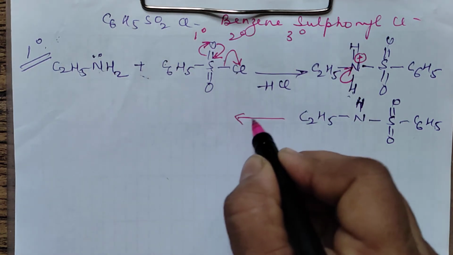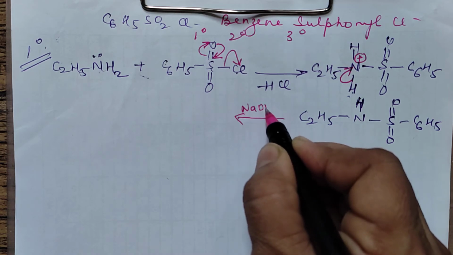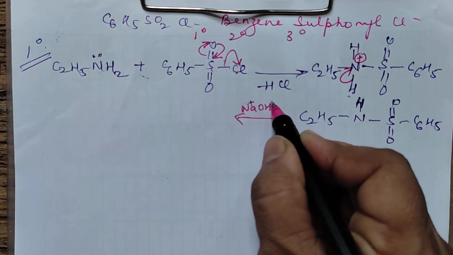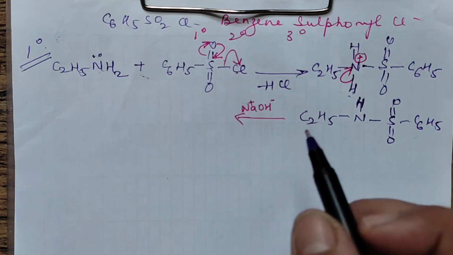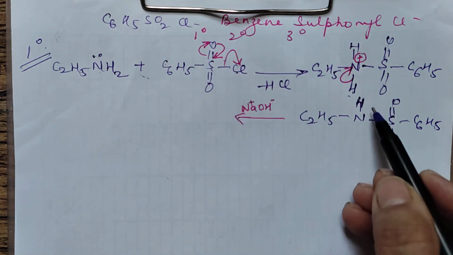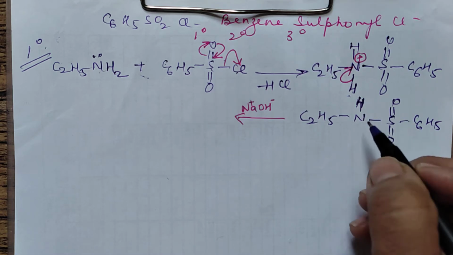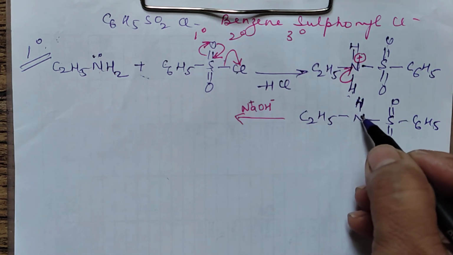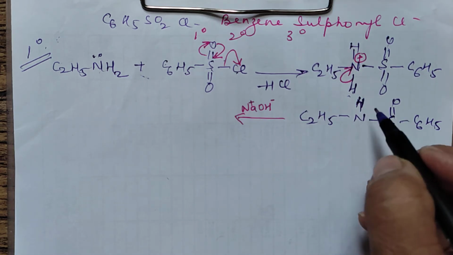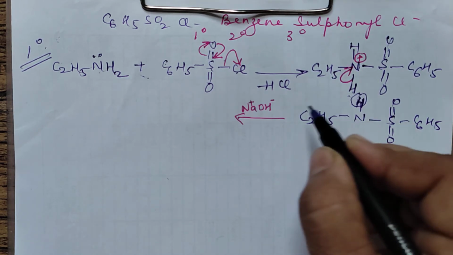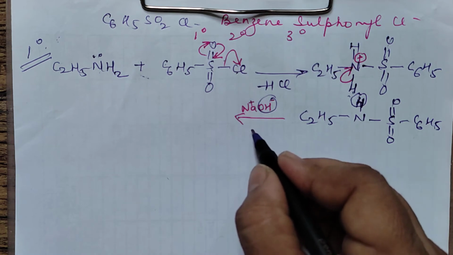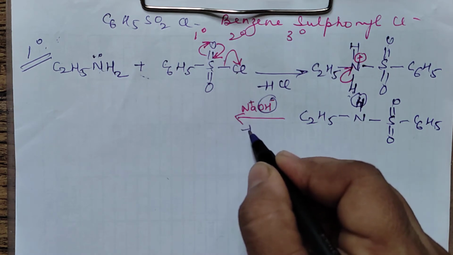Now, what is the distinguishing test that I'm telling you? This is further treated with alkali, that is base, Na plus and OH minus. Now, this nitrogen has a hydrogen attached. Nitrogen definitely is more electronegative, right? So this is an acidic hydrogen. This acidic hydrogen will react with OH minus and come out as water.